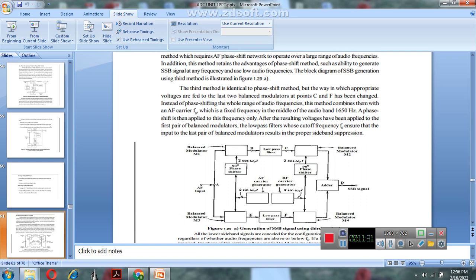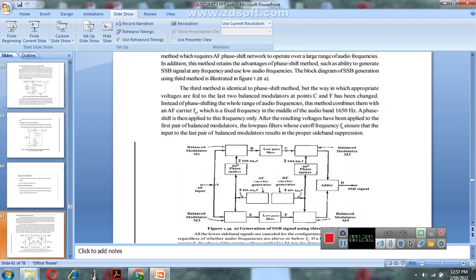The first, balanced modulator M1, has two inputs, the AF audio input and the carrier signal with 90-degree phase shift. These two signals are modulated and the output is connected to the low pass filter. The function of the low pass filter is to allow only low frequency signals and reject the unwanted signal.